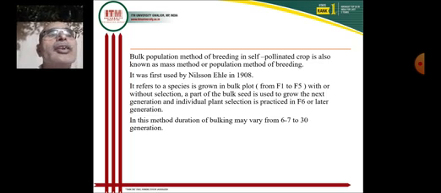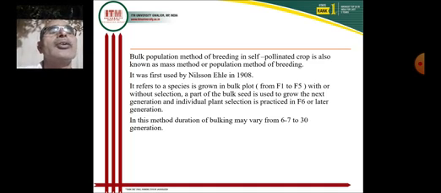He did an experiment on kernel color of wheat, in which he declared that some characters are controlled by more than 2 genes. So Nilsson-Ehle also proposed the bulk method in self-pollinated crops.